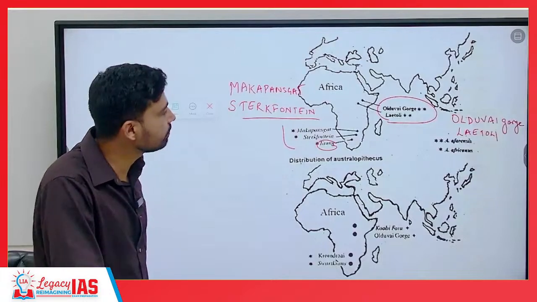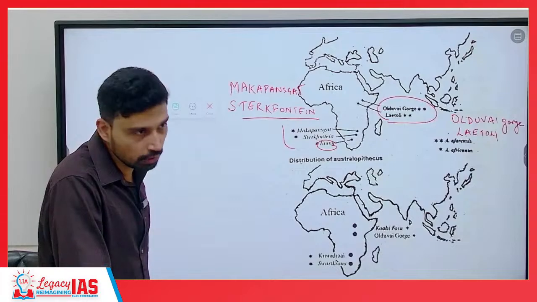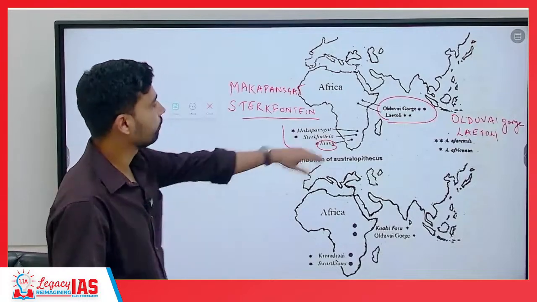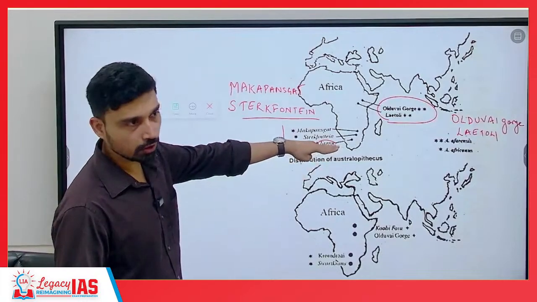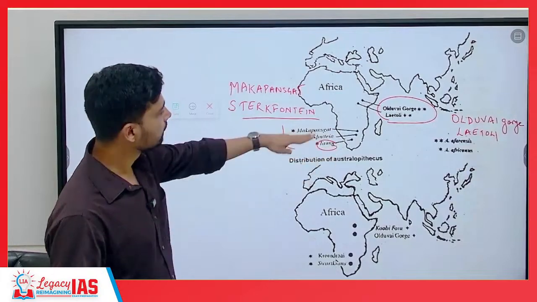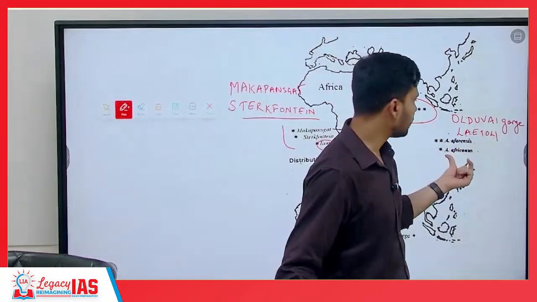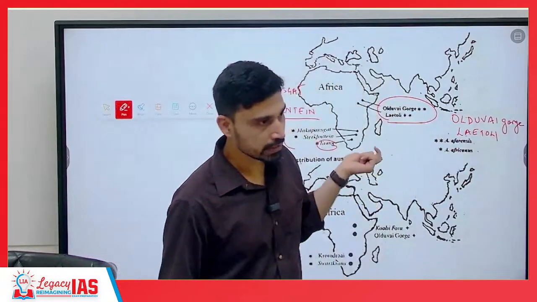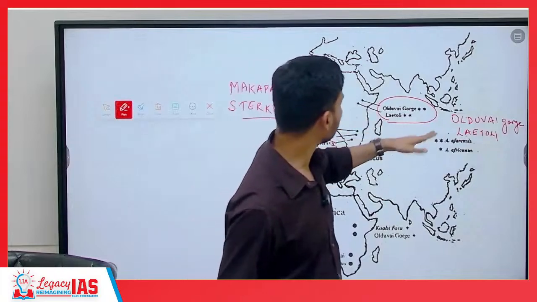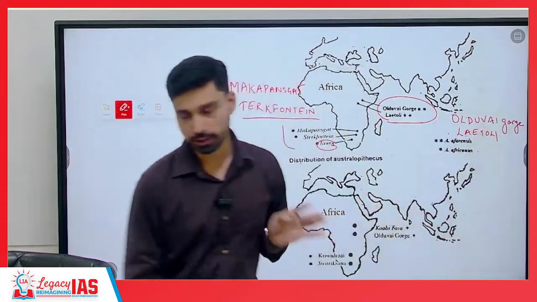So three places for Africanus, three places for Afarensis. For Africanus, the first one was Tong, called as Tong baby, 1924, then from Sterkfontein, then from Makapansgat. For Afarensis, the first fossil is Lucy, discovered from Afar Valley in Ethiopia, then from Olduvai Gorge and Laetoli of Tanzania.